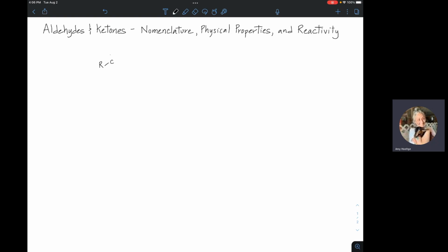Aldehydes and ketones are different from carboxylic acids and their derivatives. We have our R group here and our carbonyl, so there's your acyl group in general, and then you can use Z, because that's what we've been using. Z can be another R group.